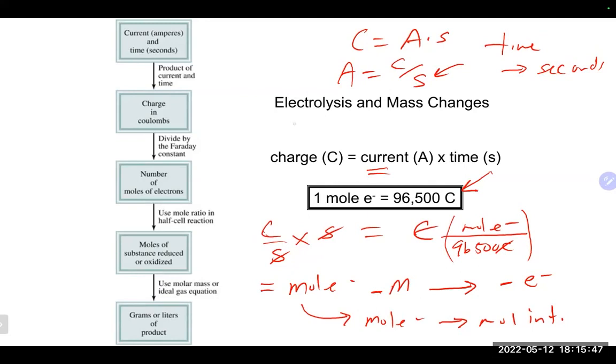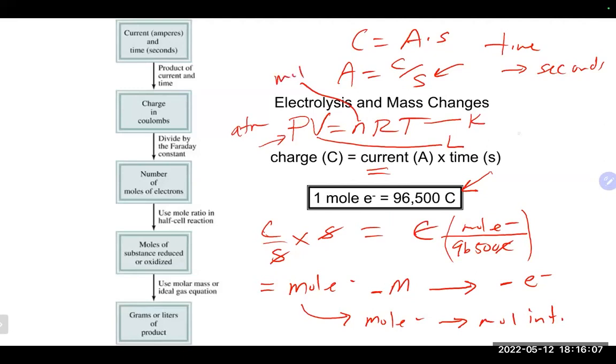Since those are gases, we sometimes need to use our good friend PV equals nRT, the ideal gas law, where pressure needs to be in units of atmospheres, volume in liters, temperature in Kelvin, n should be moles, and R is 0.08206 liters times atmosphere per Kelvin per mole.